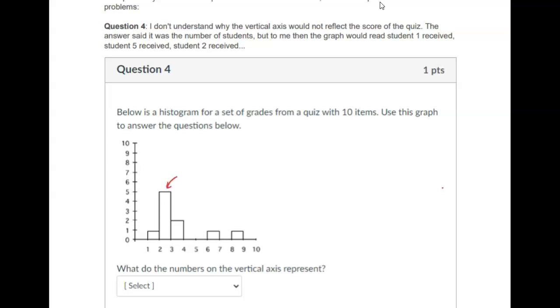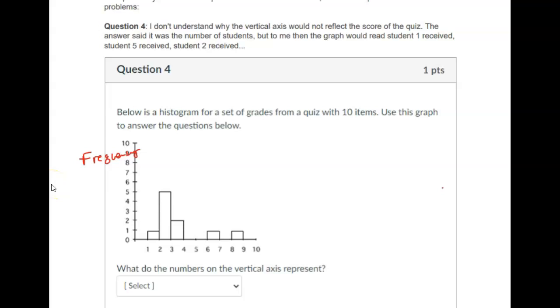That's true for all histograms. It doesn't matter what you're doing, you're counting how many items, or how many people, are in each category.